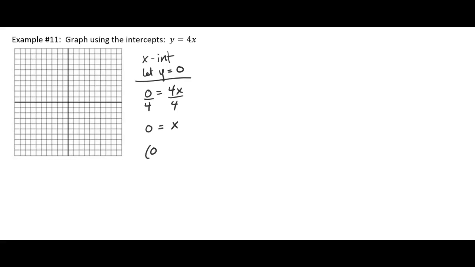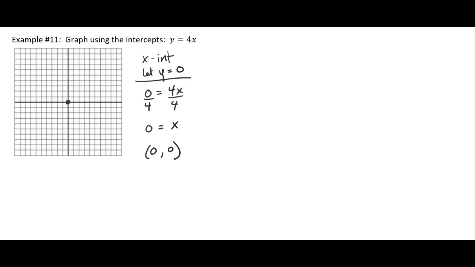So I get the point 0, 0, because y is 0 and x turns out to be 0. So it's going through the origin. If somebody asks you what's the x-intercept, you'd say 0, 0. And if they ask what's the y-intercept, you'd say 0, 0. So I'm not going to bother writing out the y-intercept. We already know what it is. It's going through the origin, so that's the intercept for both the x and the y.